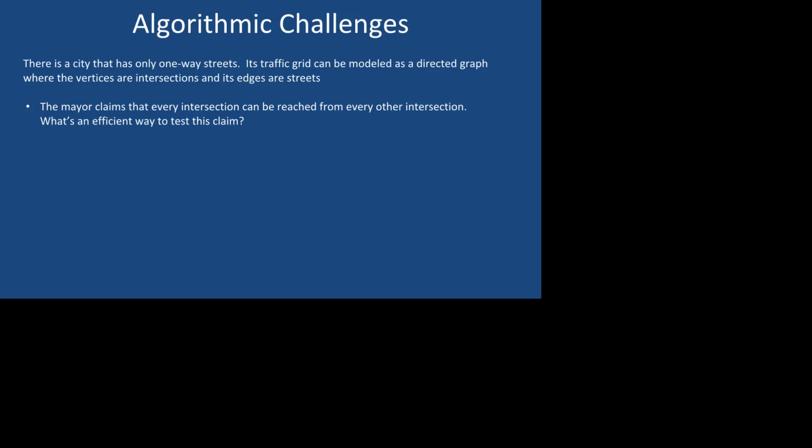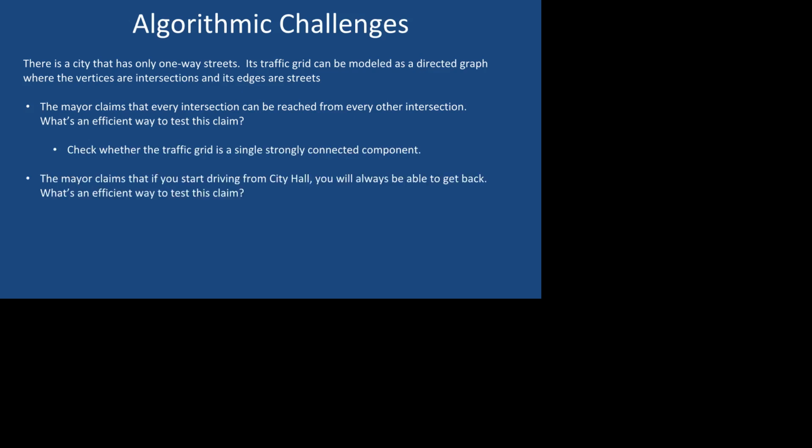Right. Find the strongly connected components of the city's graph. And if it's really true that you can get from any point to any other point, you would expect to have only a single strongly connected component. The metagraph should be a single meta vertex. Okay? So that's one example. Here's another one.